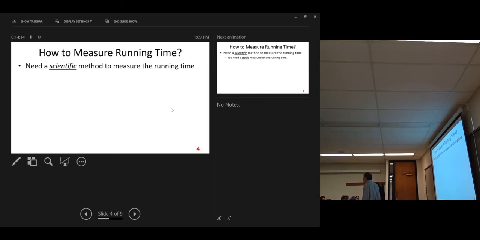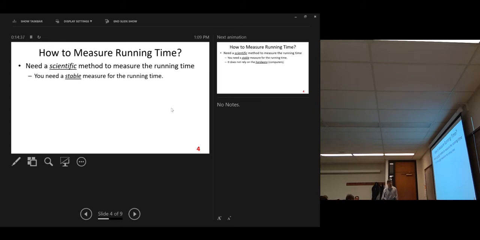Because it's not stable. For different computers, different hardware, software, your response time will be different. So that method is not a good one. We want a stable one. No matter where you run it, you get the same measure.